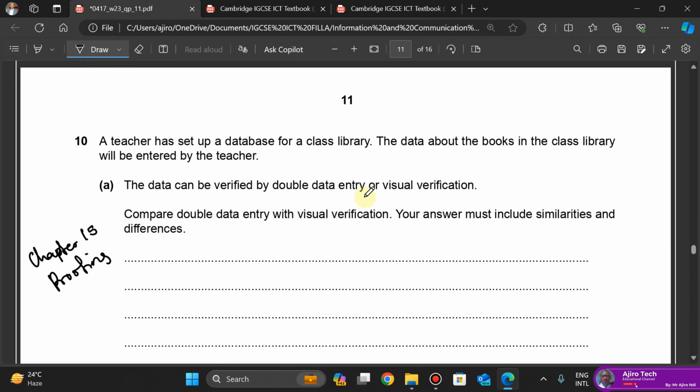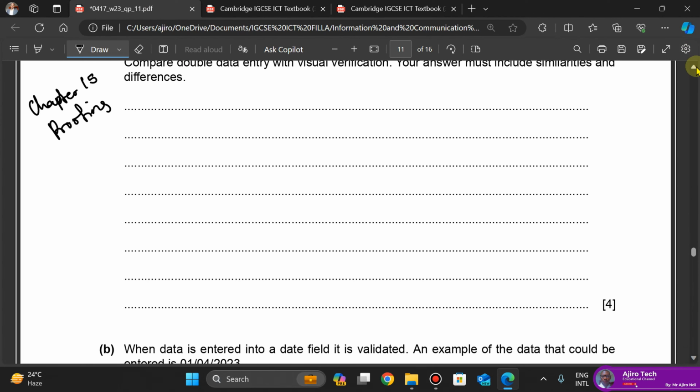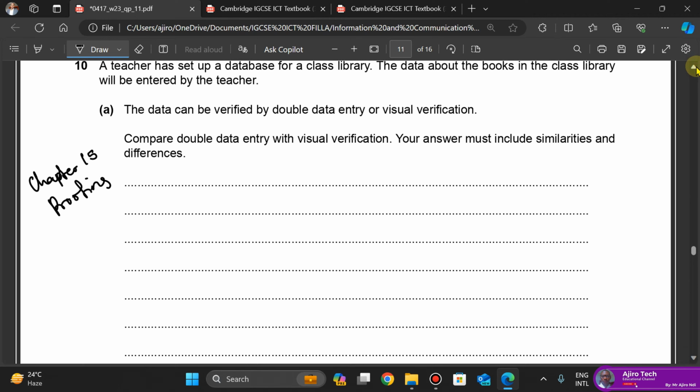So let's look at how many marks this is. 4 marks. Compare double data entry with visual verification. Your answer must include similarities and differences. So let's look at similarities between double data entry and visual check.